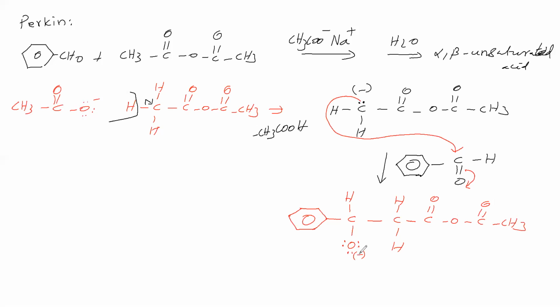This O minus takes H plus from acetic acid. Therefore, it becomes OH. This phenyl ring, here we can write, that O minus becomes OH.